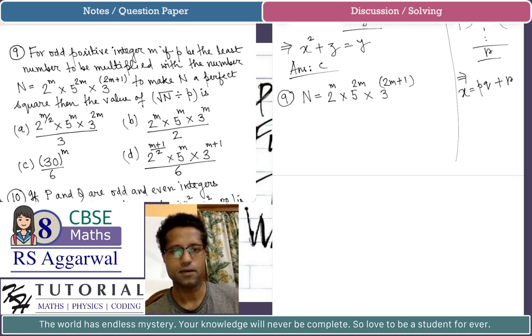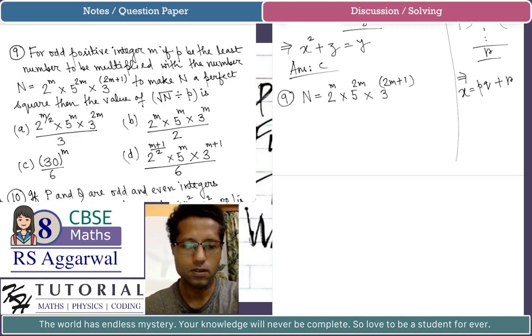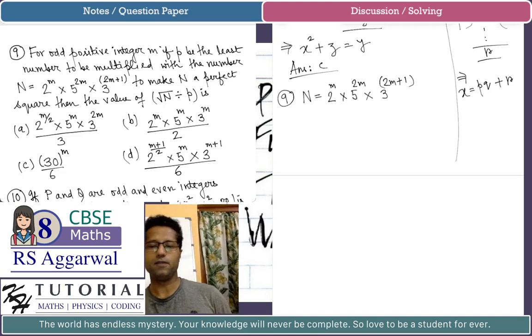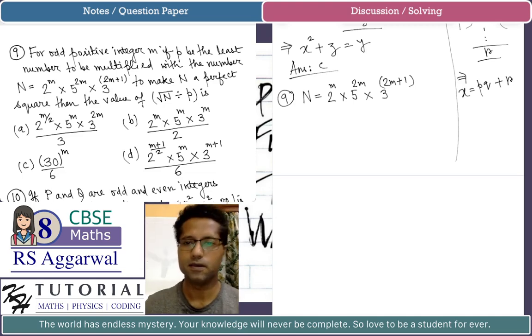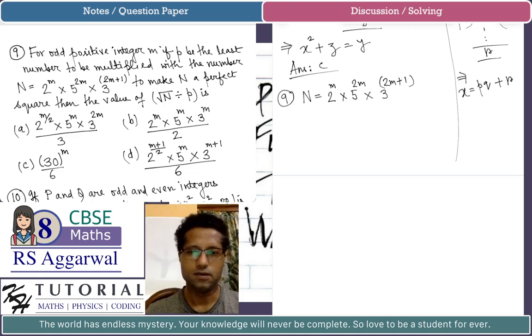Now it is saying that p is the least number to be multiplied with the number to make it a perfect square, then the value of, okay. We have solved a kind of problem where, given a number, we have to find the least number we have to multiply it by so that it becomes a perfect square. We first take the prime factorization of the given number and create pairs of equal factors.